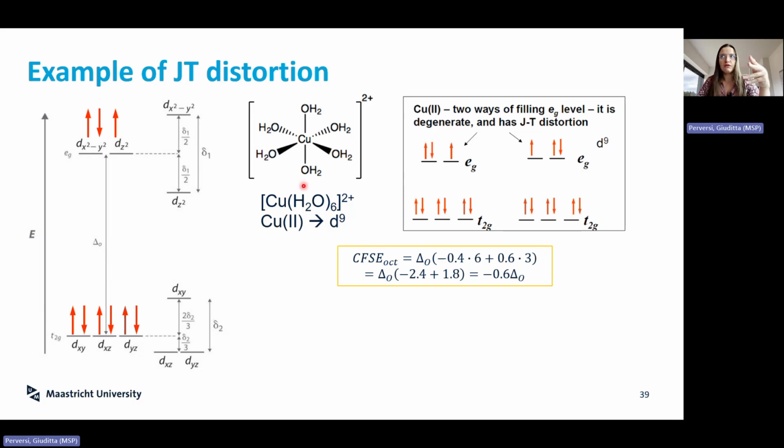How do you remove the redundancy? If this is how you started, if you elongate on the z-axis, then the z-axis drops, the x square minus y square set rises. Since you started with two orbitals, your split is even.